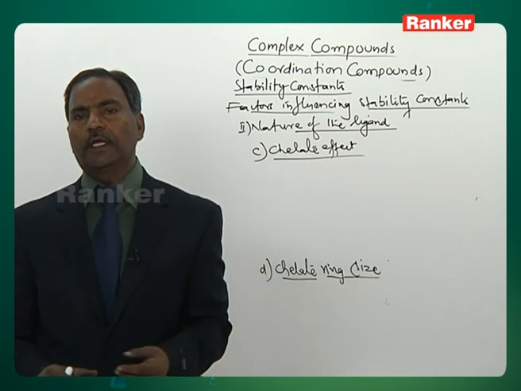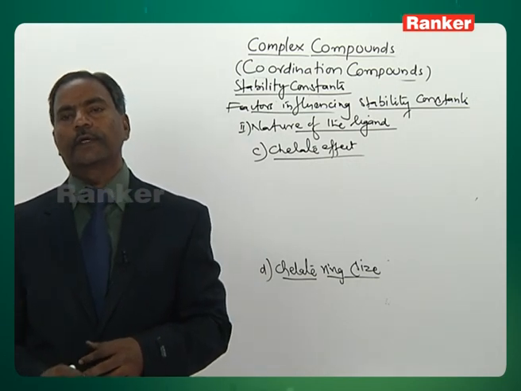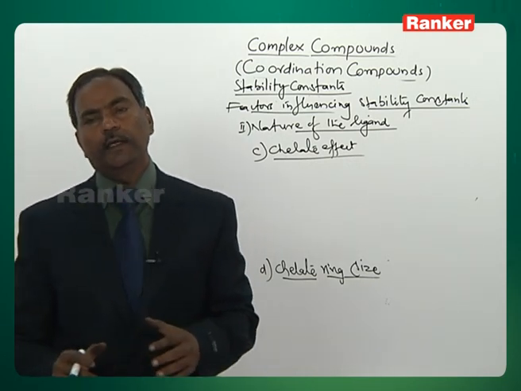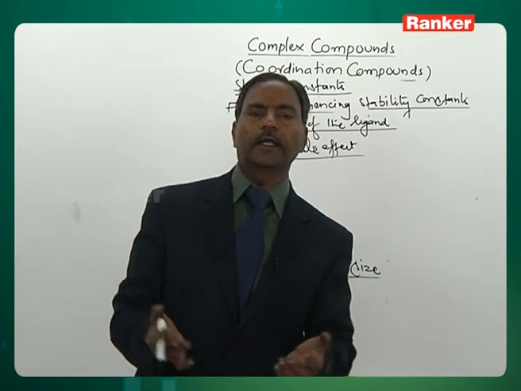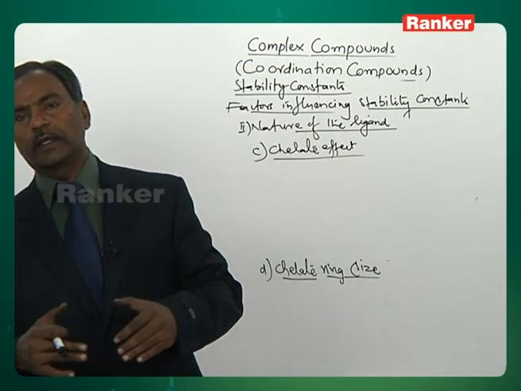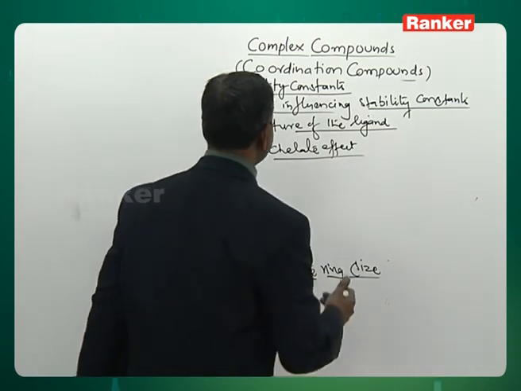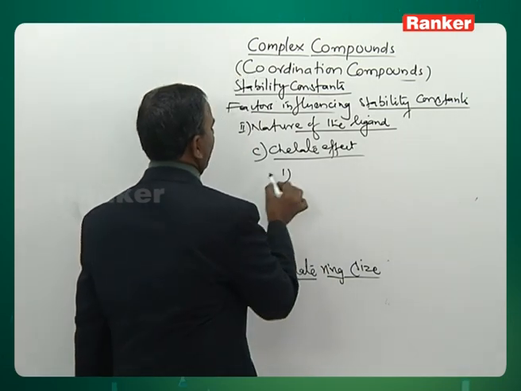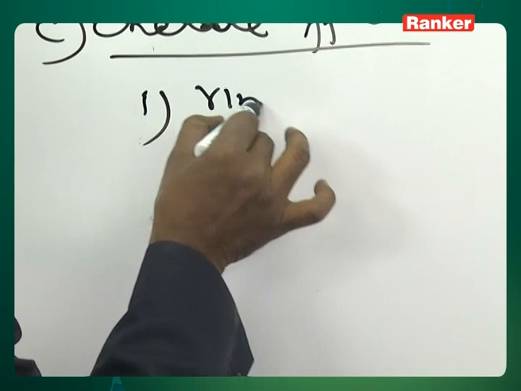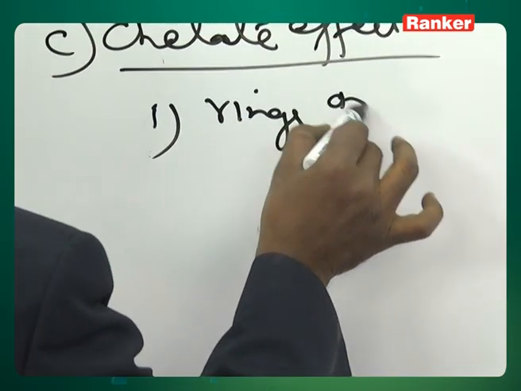That higher stability we call the chelate effect. Why is a polydentate ligand or a chelate ligand producing a highly stable complex? See, it may be due to formation of rings around the metal ion.